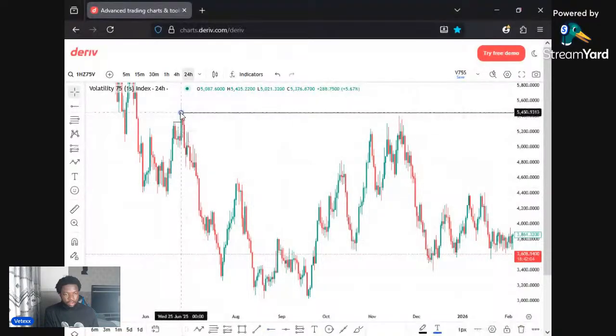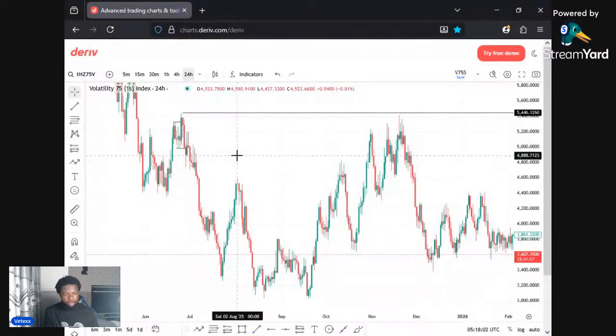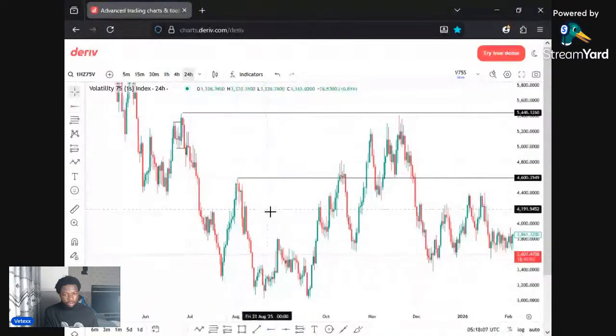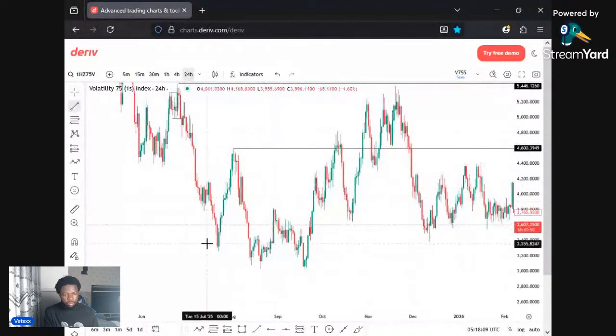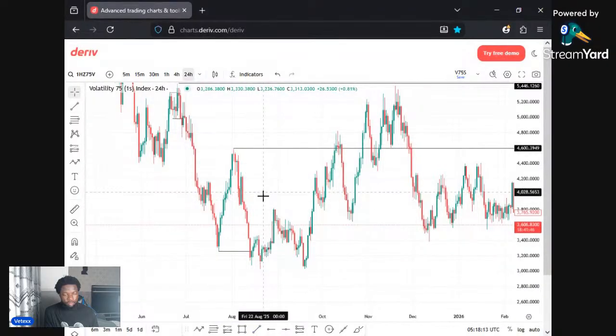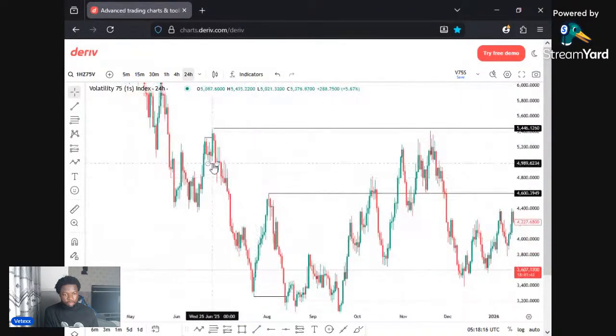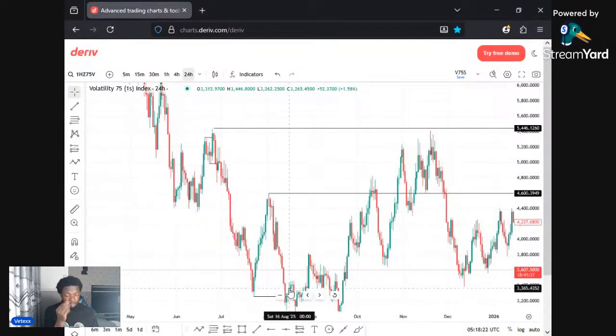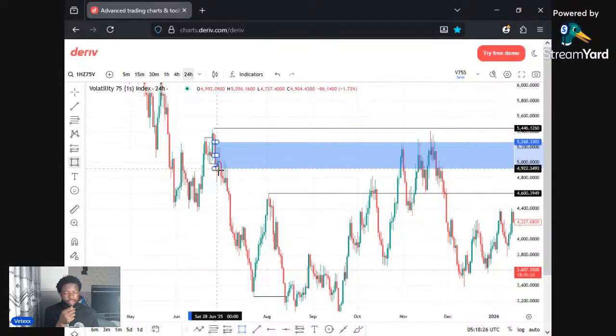Here, we have our first break of structure. These are structural liquidity. Then we have our second break of structure. These become our what? Point of interest.